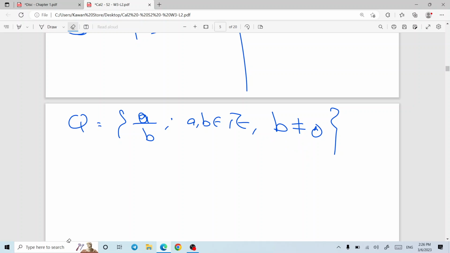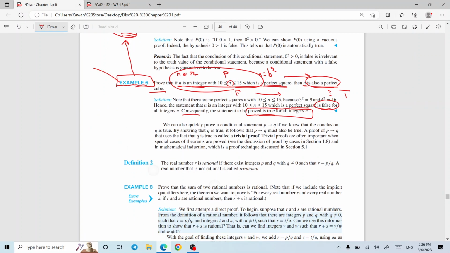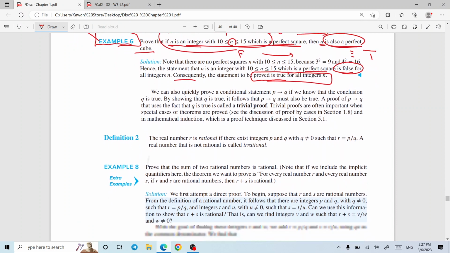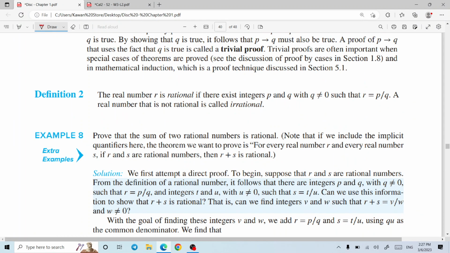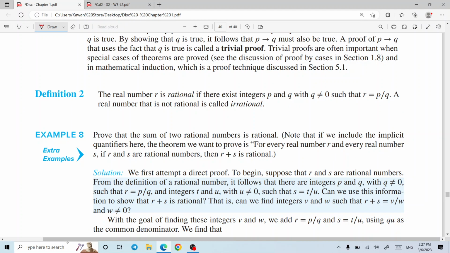How do we solve them? What's the question?